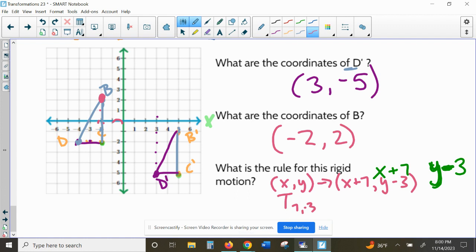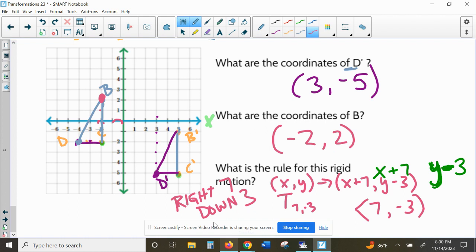We can also write it like a vector, like 7, comma, negative 3. And we could also write it in words that says to the right 7 and down 3. So those are all different ways that I can write this rule.